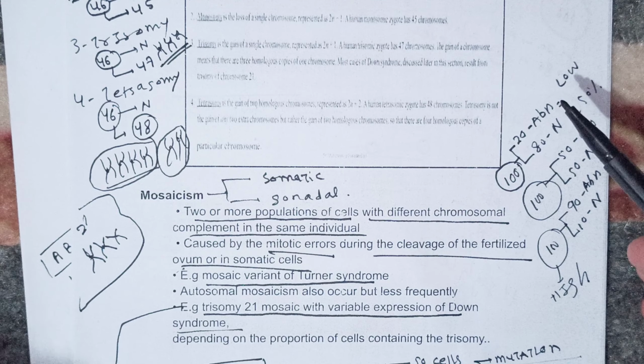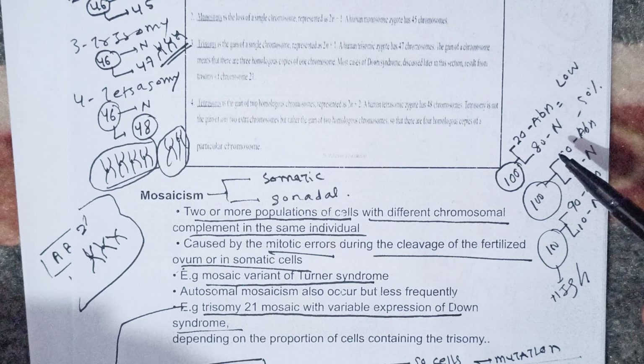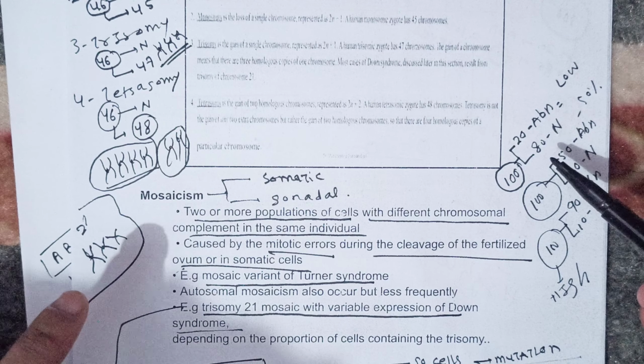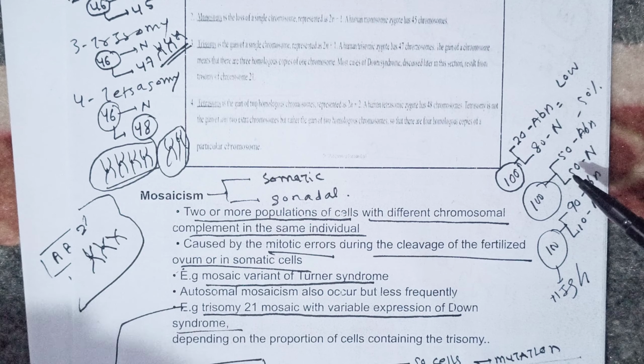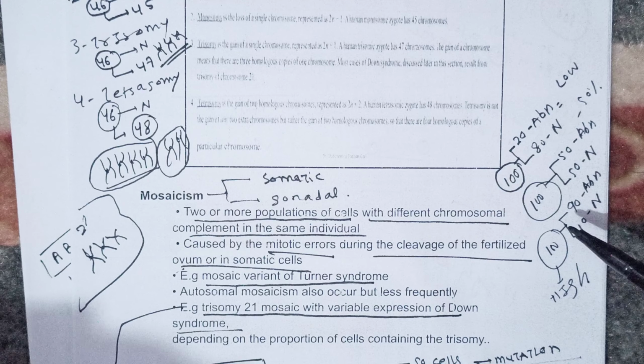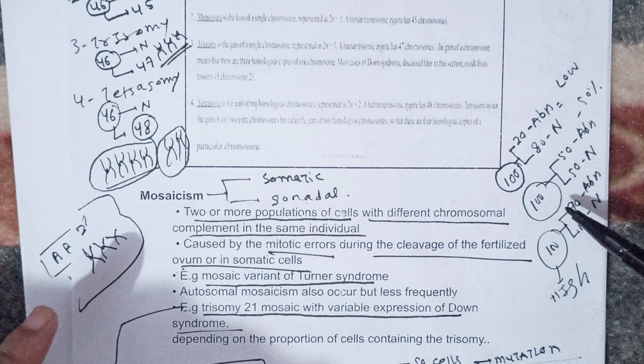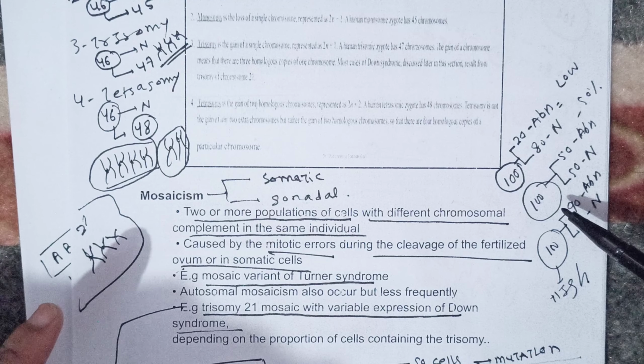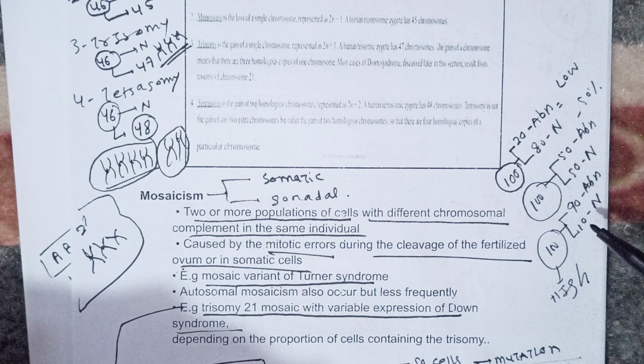Okay, and it can happen that 50% of the cells in your body may show this trisomy, chromosomal abnormality, and 50% cells do not show. And it can happen that 90% of the cells in your body may show this chromosomal abnormality. That means they are having an extra chromosome on their chromosome number 21. Or it can happen that the 10% cells are normal, so this will be the high grade trisomy 21.